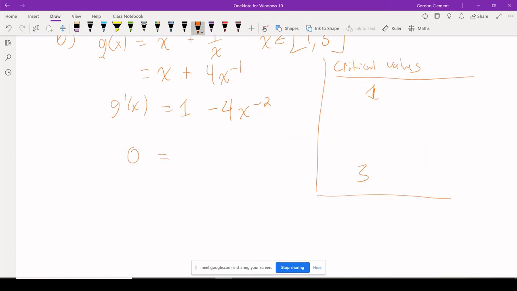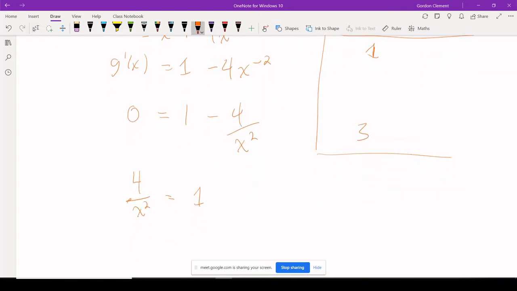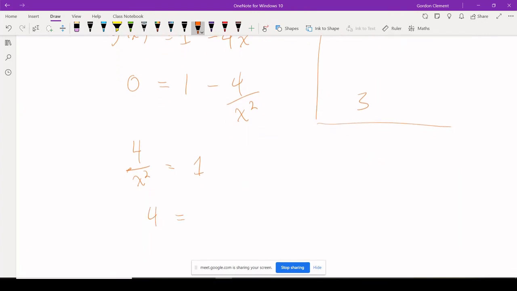And we're going to first solve where this is 0. So maybe I'll move that term over and then just multiply the x squared up. I get that.